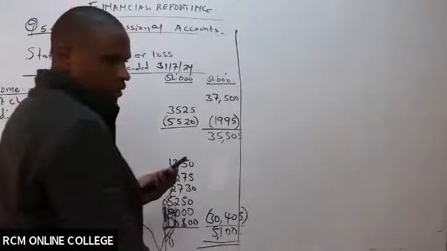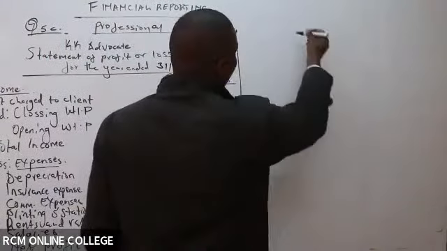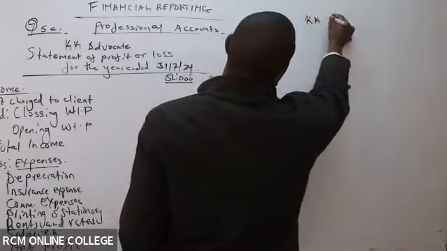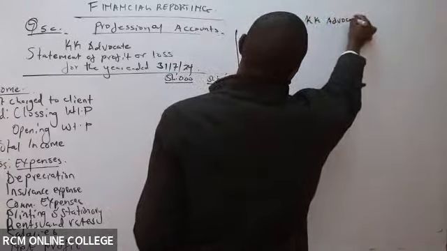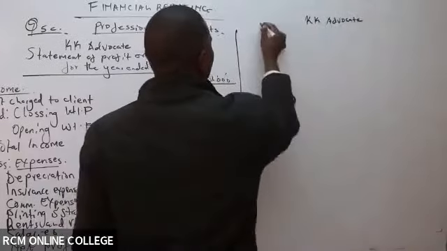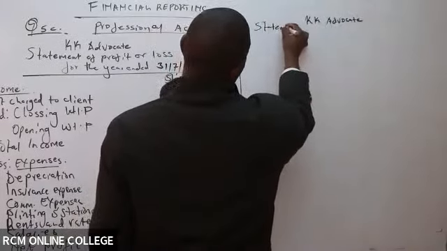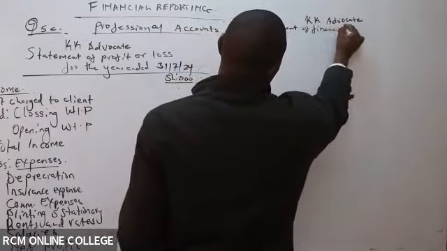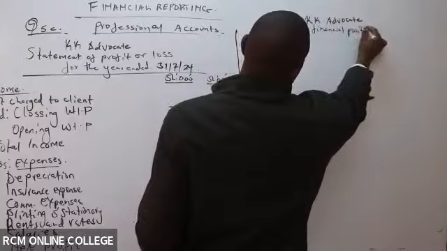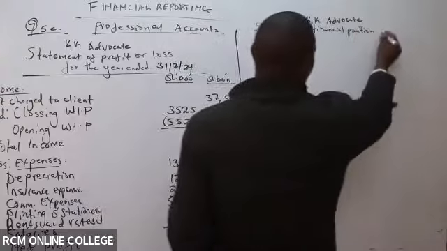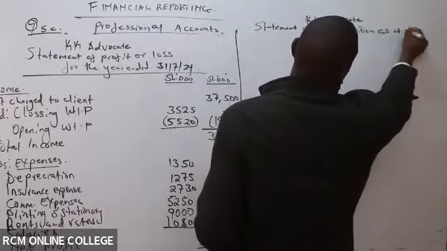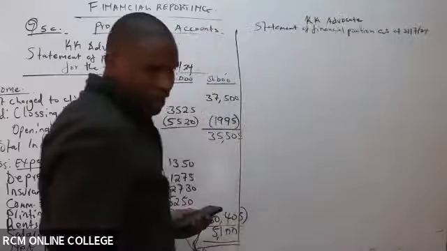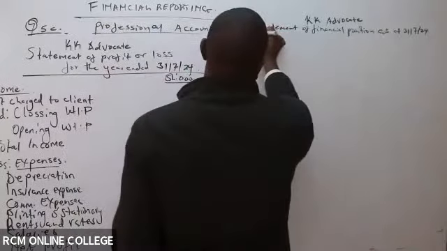Okay, now we can come up with the KK Advocates statement of financial position as at 31st of July 2024.